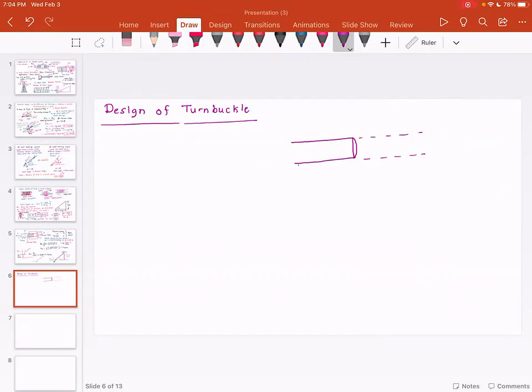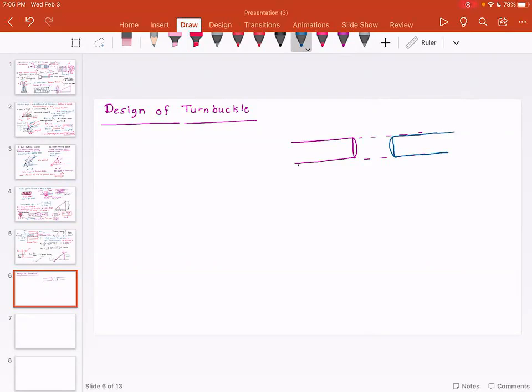I've seen cases where the rod on the left-hand side and the rod on the right-hand side have different diameters. As long as the whole assembly is capable of supporting the desired load and is not failing, that is okay. You could have the rod on the left side with a different diameter, and the rod on the right-hand side with a different diameter.